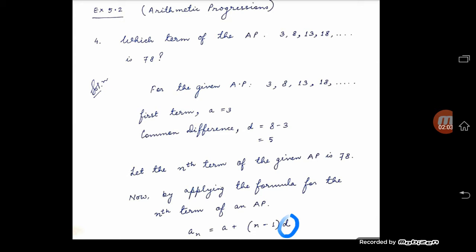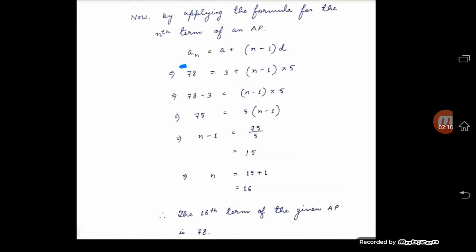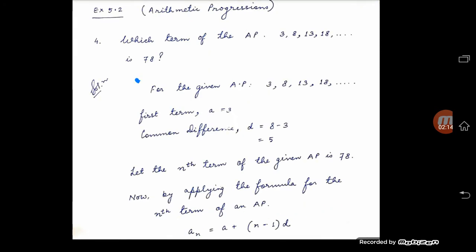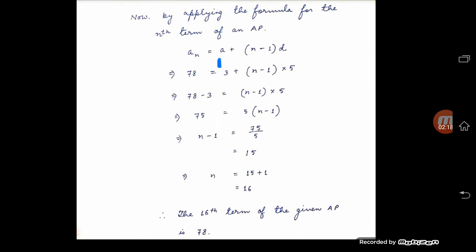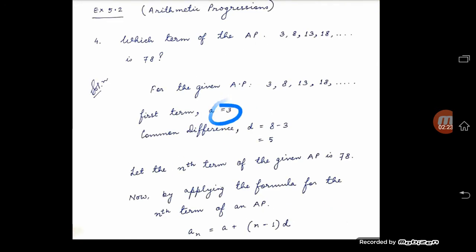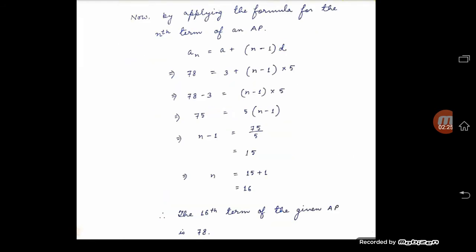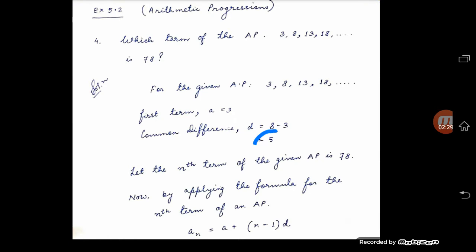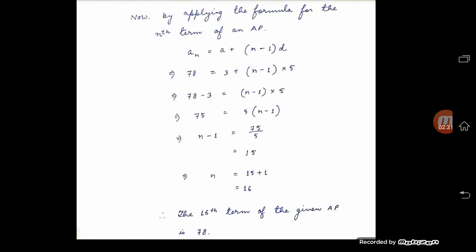Now, we put all the values in the formula. an is 78, since we have to find where 78 lies. a we have already found, 3. In place of d, write 5, the common difference. n will remain as n.